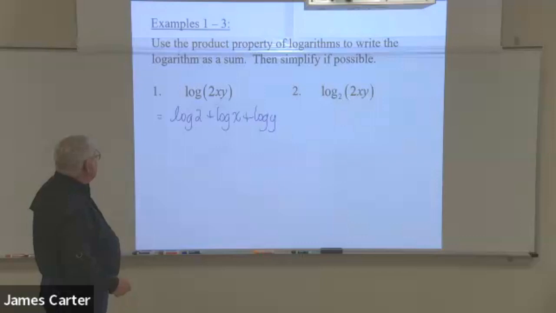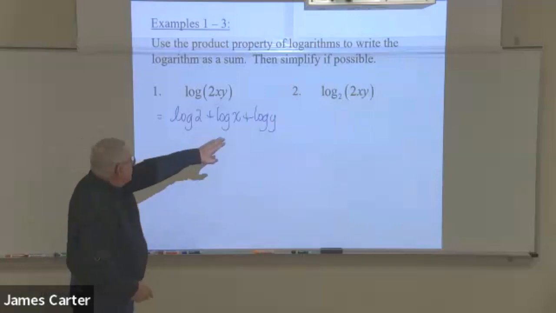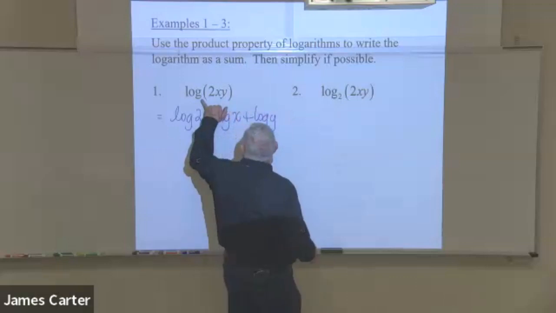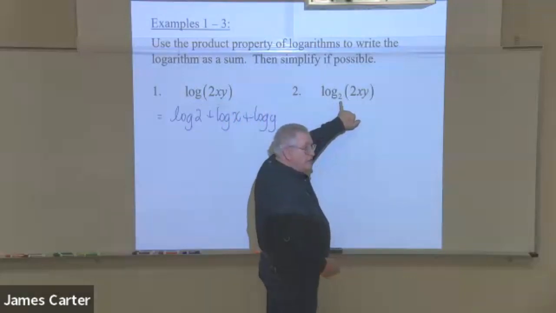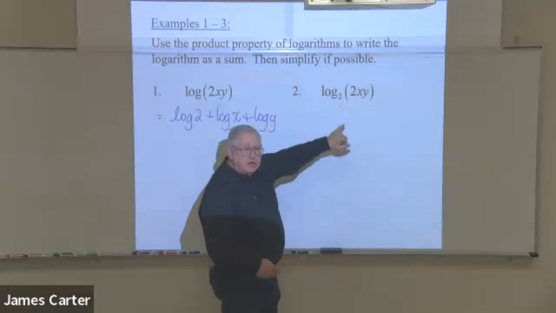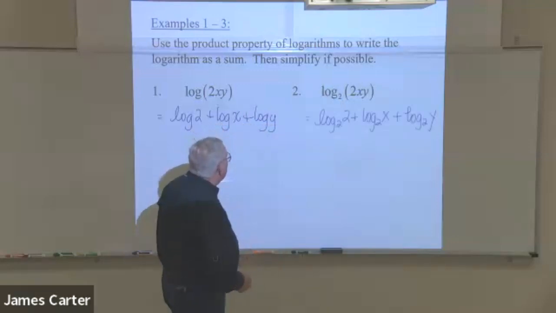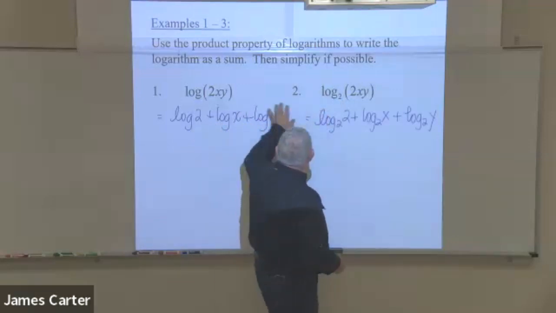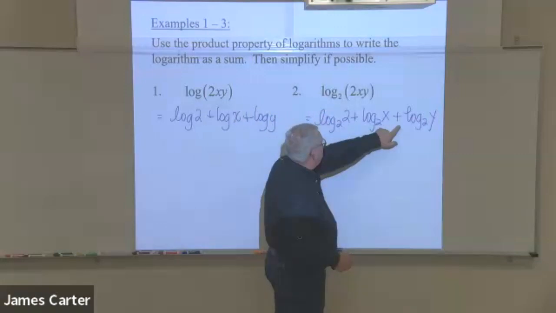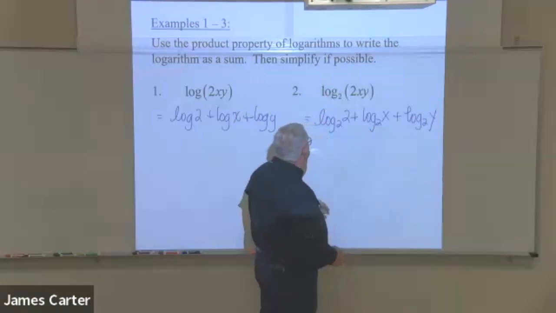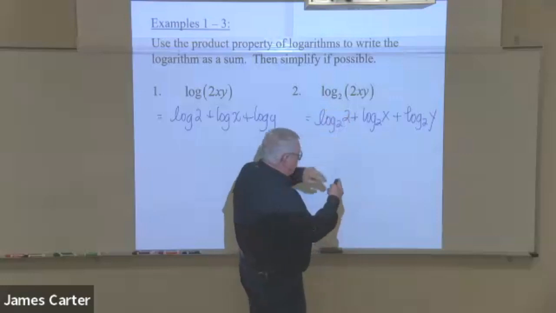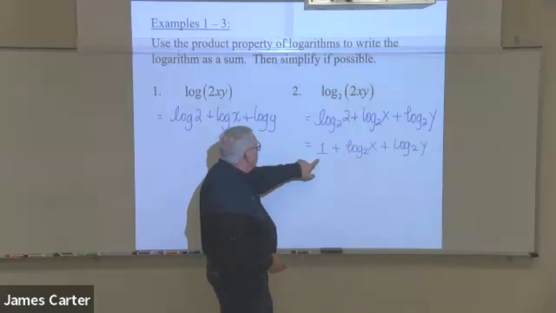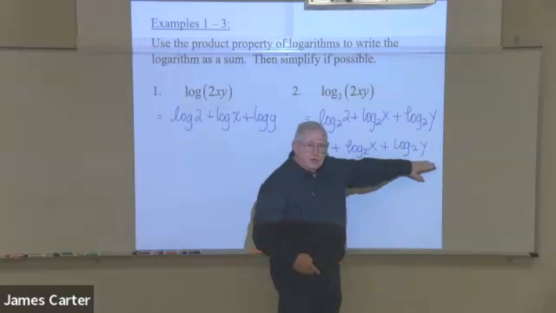Now, we're not done. All right, this is a different problem. This time, instead of having base 10, we have base 2. That's going to create an extra step for us. In this case, we do it so far just like that, except we're carrying the base 2. But what is log base 2 of 2? The log base 2 of 2 is equal to 1. So here would be your answer on this one.